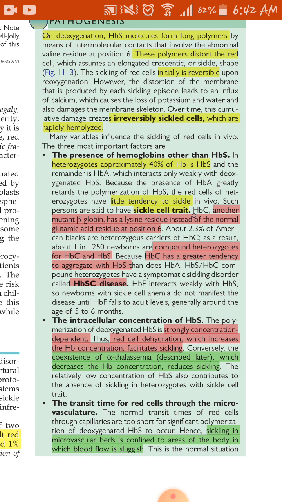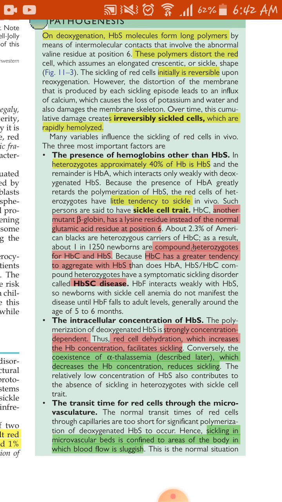Now, it is a very rare condition. In about 1250 newborns, there is one newborn who is a compound heterozygote.